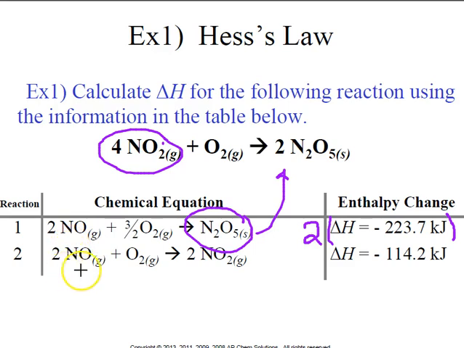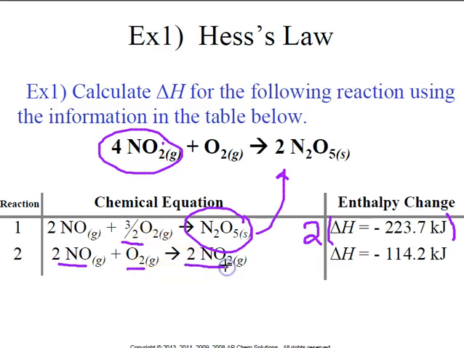In reaction 2, I want to look for something that's in reaction 2 that's in my goal reaction. And if it's only in reaction 2, it'll make it a lot easier. So NO is not in my goal reaction at all, so I have to try to get it to cancel. And then O2 is in my goal reaction, but it's also up here in reaction 1. That's kind of annoying. Let me see if I can check on something else.